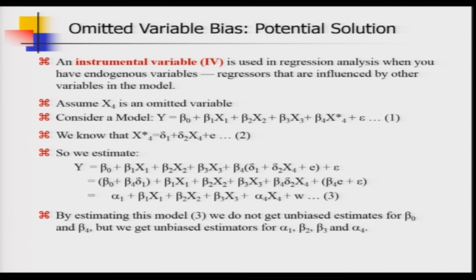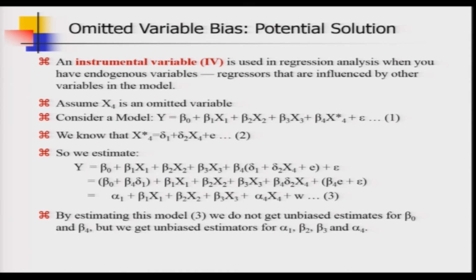Now we are going to write the final model equation that we are going to estimate. So we write the mother regression model, and now we are going to make use of this equation 2. So we are going to replace x star 4 from 1 by the expression in equation 2. So if we do so, then you finally get an equation, that is equation 3.